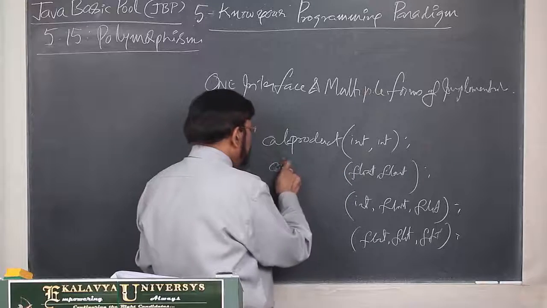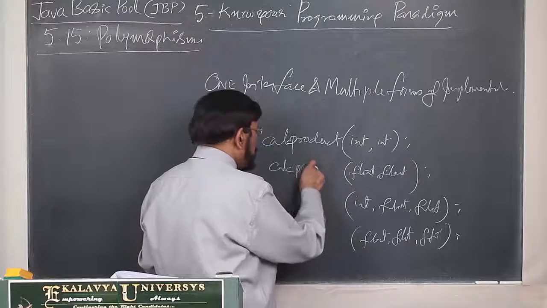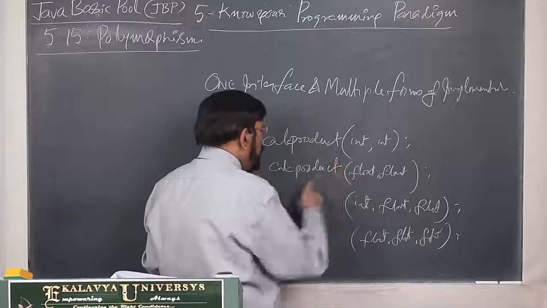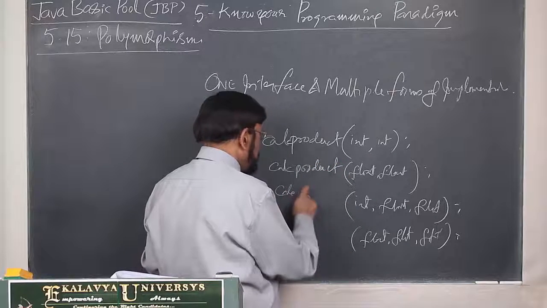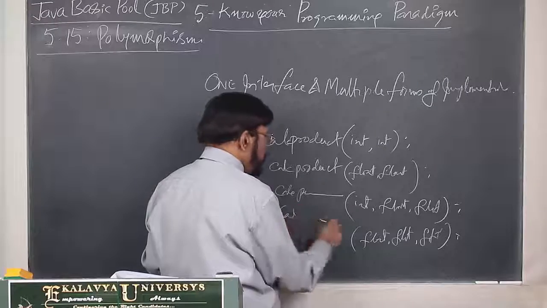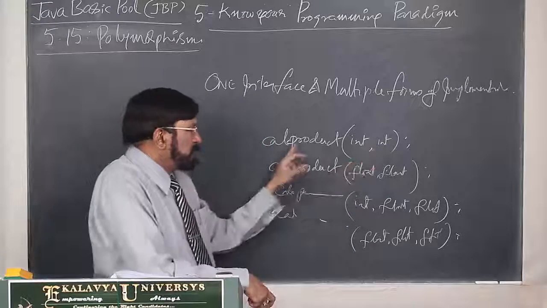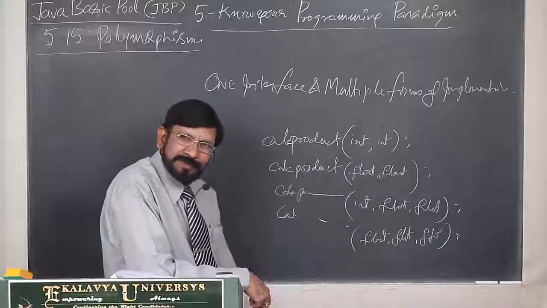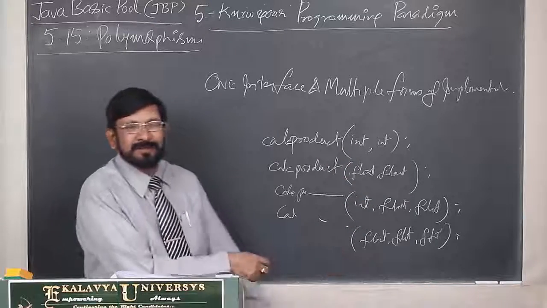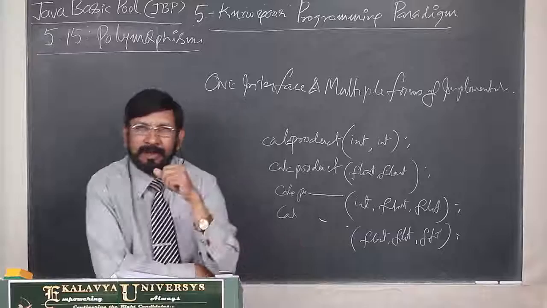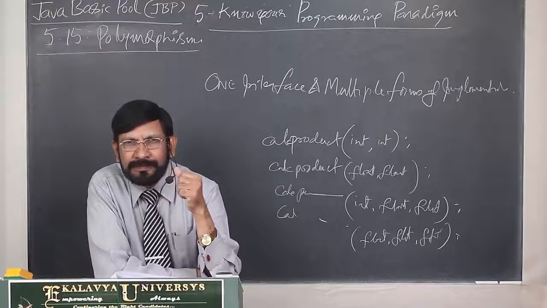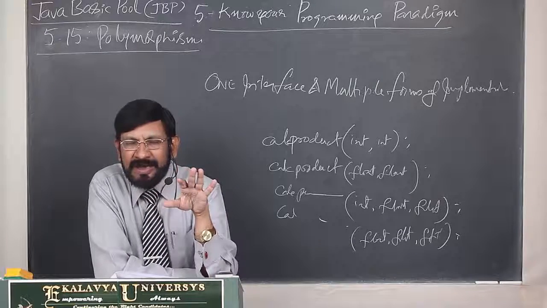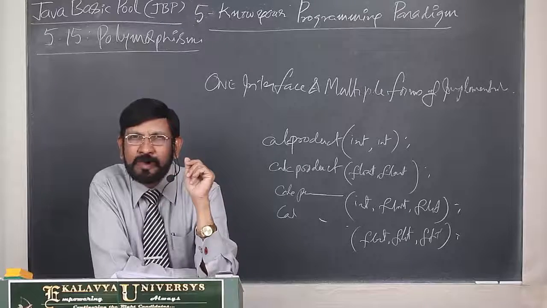For all of them, you give calculate product only. One interface, calculate product, multiple forms of implementation. One more example, by which you can understand. In your class, there are 3 students having the common name Mohan.